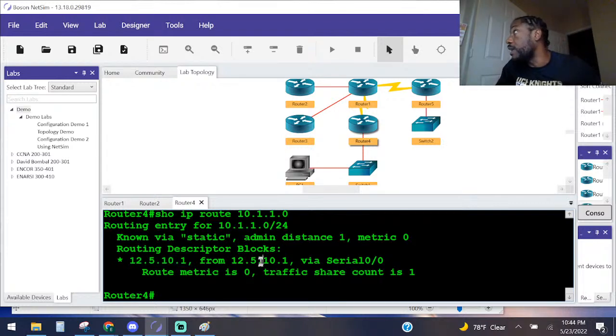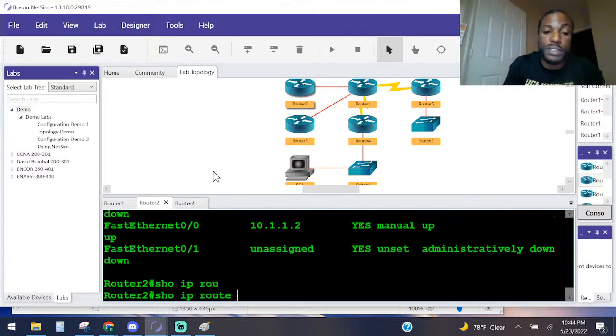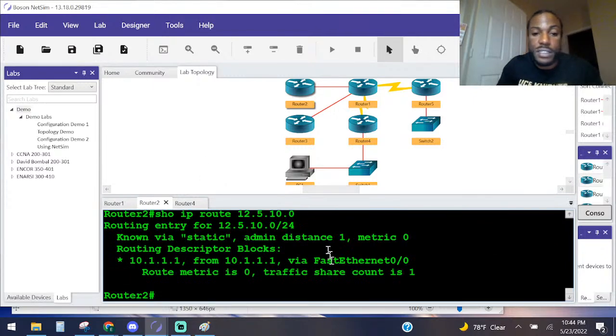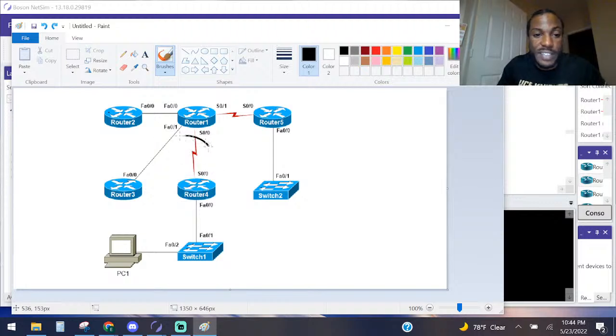And then the next one was 12.5.10.0. Oh, on router 2, pretty much the other way around. Show IP route to the 12.5.10.0 network. So he's saying to make it to that network over there, take the next hop of this.